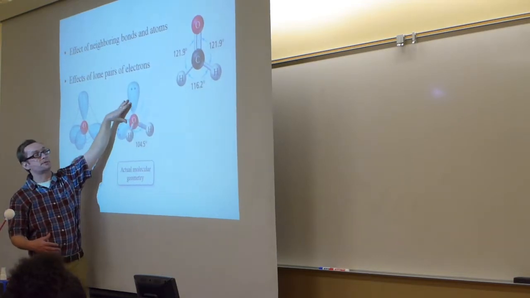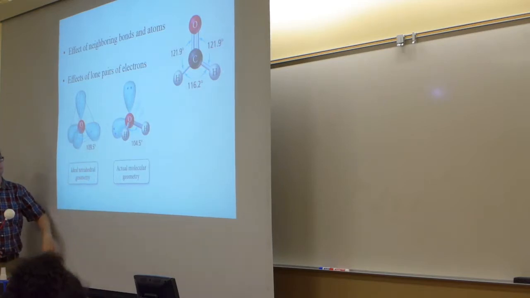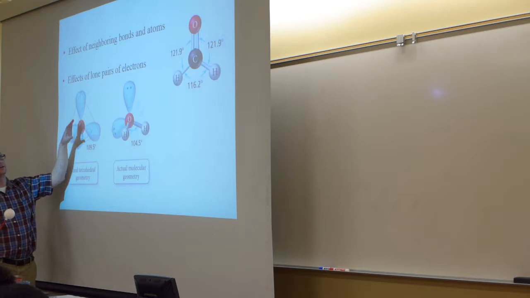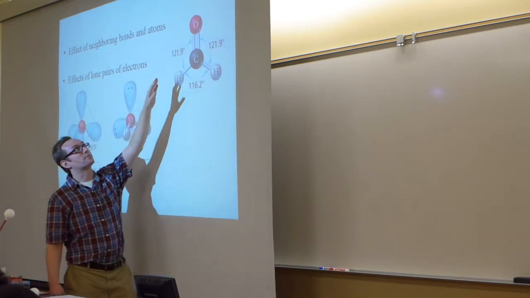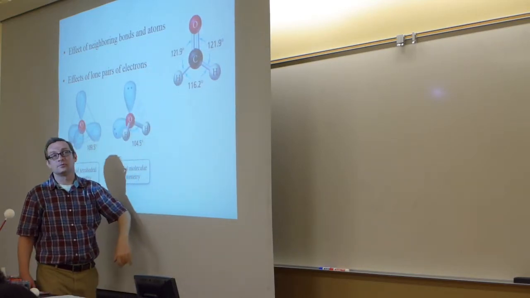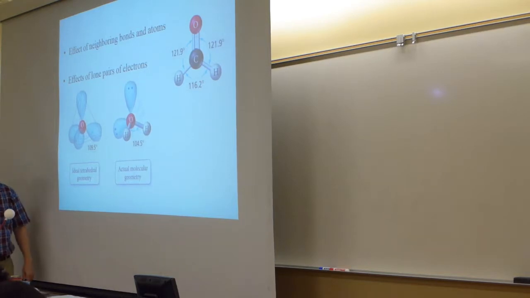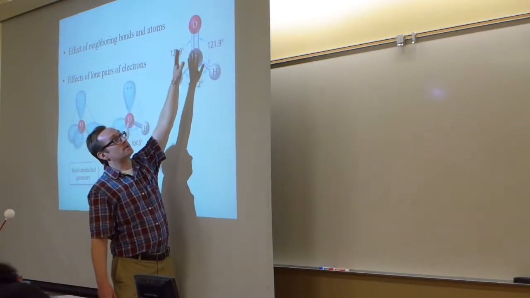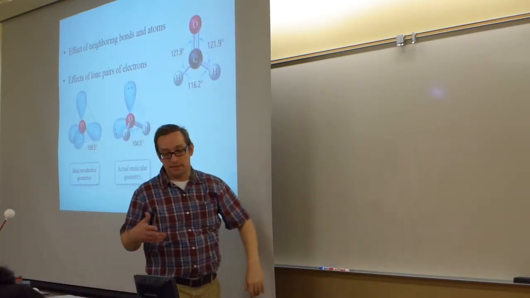The lone pairs take up a lot of space. So two things that affect bond angles: lone pairs and double bonds, or a big atom. They will also distort the bond angles a bit. So these two factors: lone pairs, and size of the bonded atoms.